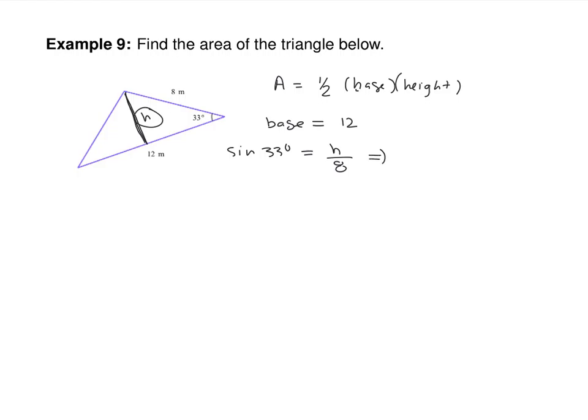And so that tells you that your height H is 8 times sine of 33 degrees. And the area is 1/2 times 12 times 8 sine of 33 degrees.